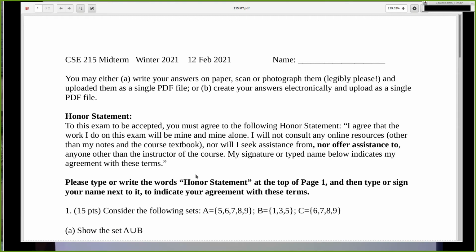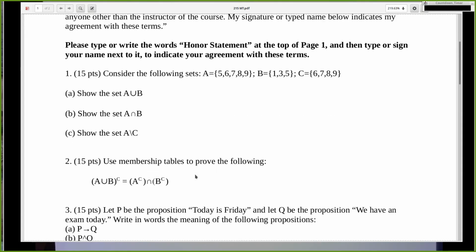All right, so let's see. Question 1, not a whole lot of issue there. Union of two sets, so that's just 1, 3, 5, 6, 7, 8, 9. Intersection of A and B is just going to be 5, the thing in common. Then A, take away C, so start with A, throw away everything that's in C. That's 6, 7, 8, 9, so that's also just the set 5.